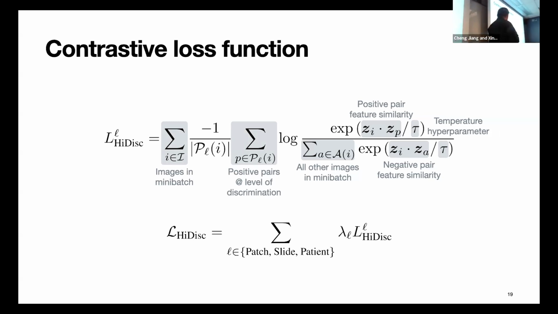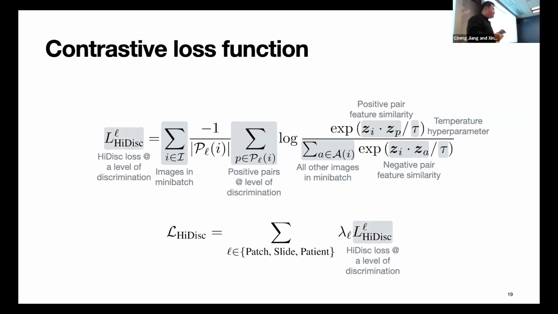So at training time, we'll first find all the positive pairs for patch discrimination, which is just the patch itself and its augmentations, and compute the loss with these positive pairs.